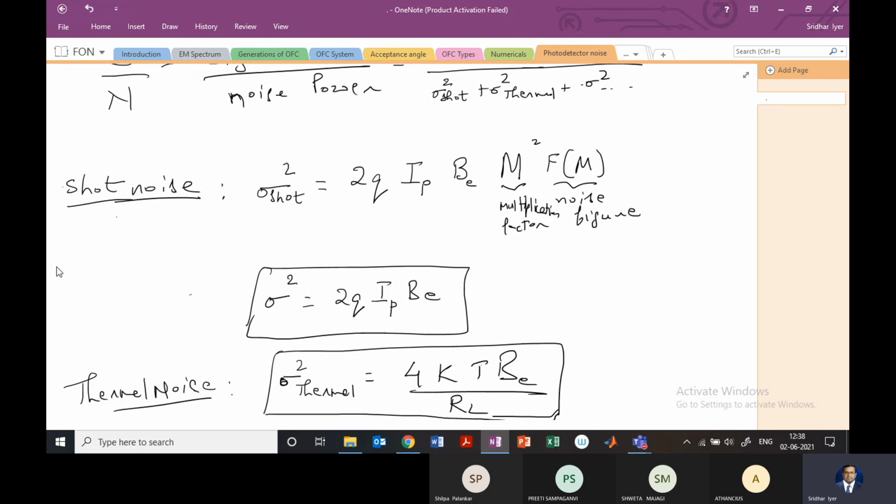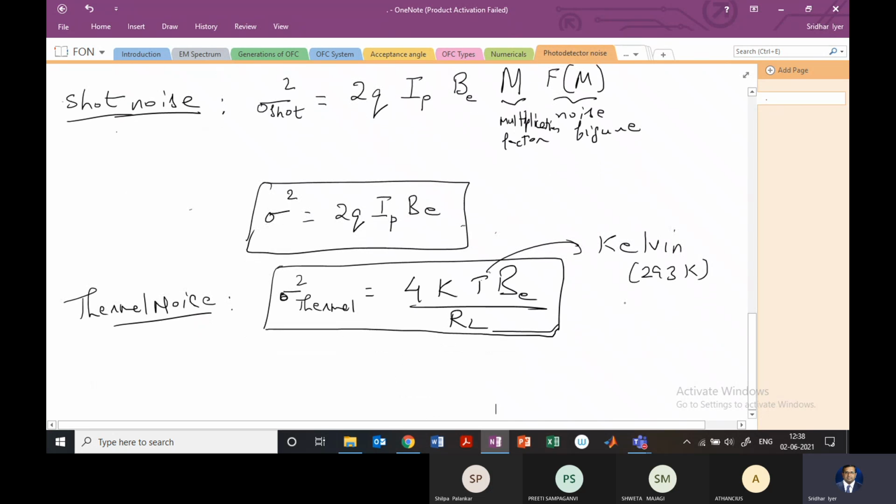T is of course the temperature, and this temperature needs to be in Kelvin. If nothing is given about the temperature, if it's room temperature, we can assume it to be 293 Kelvin. And B is the bandwidth over which this receiver is going to operate.